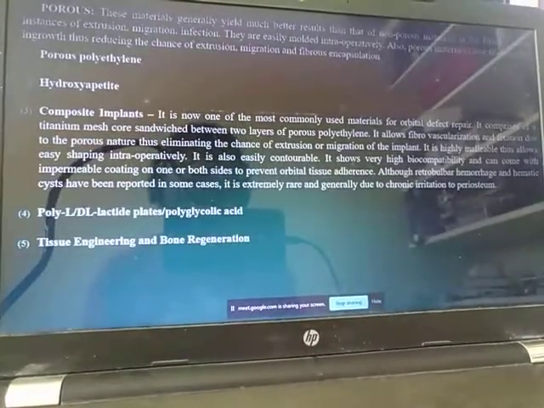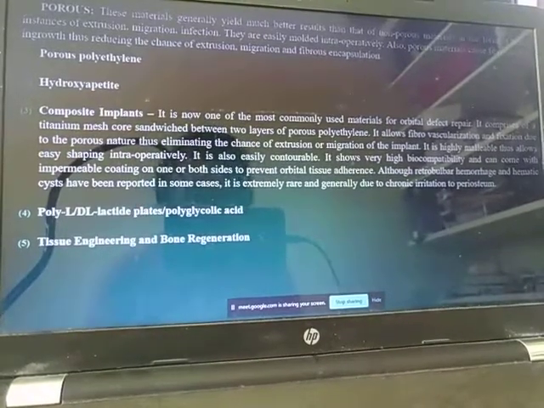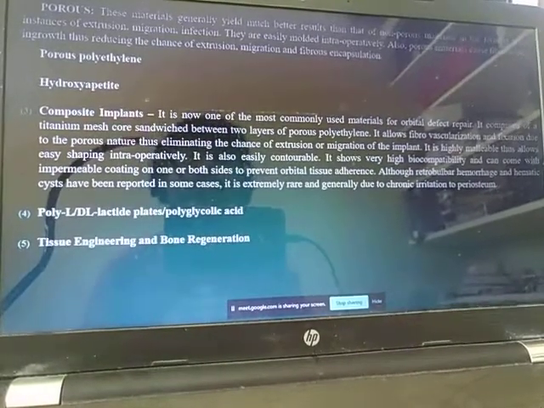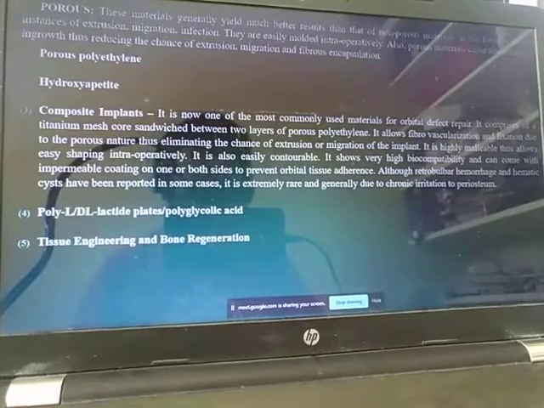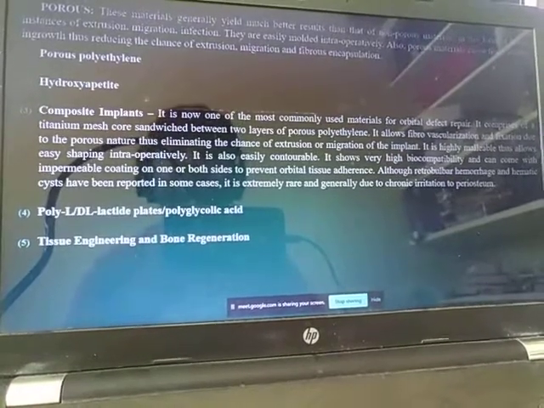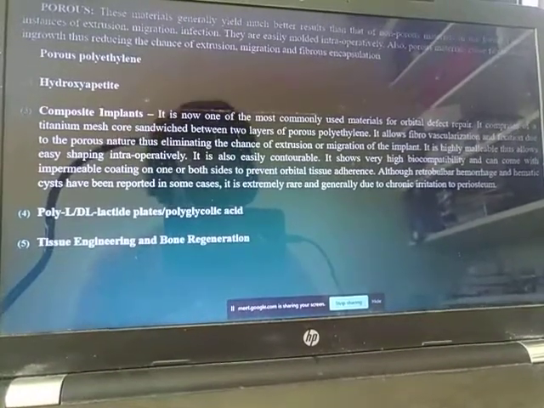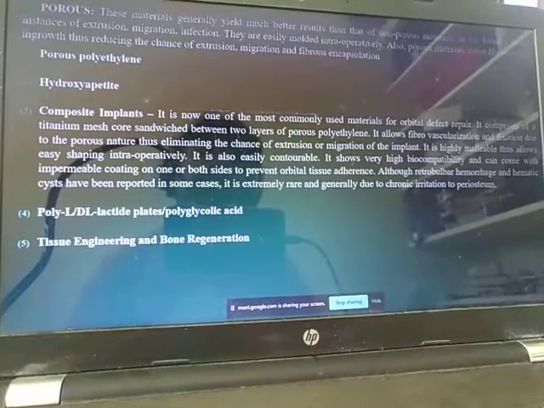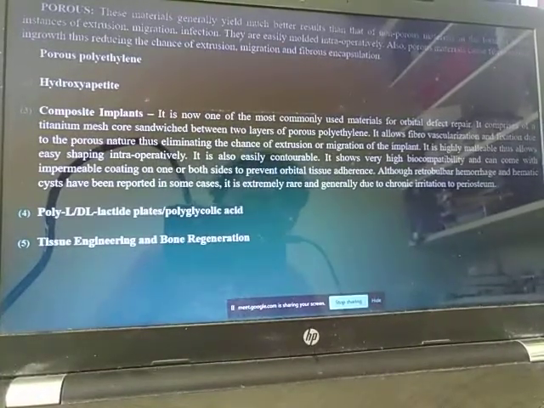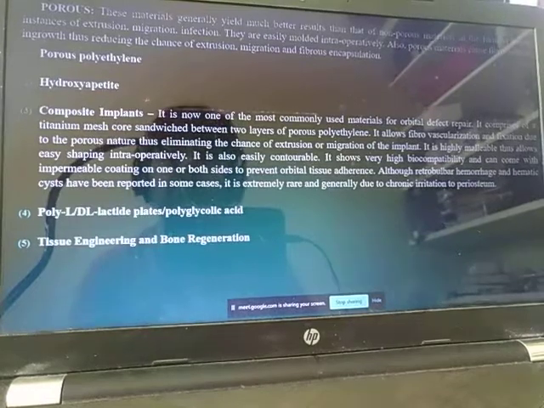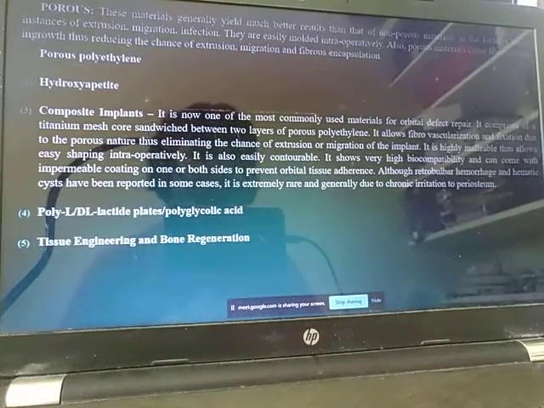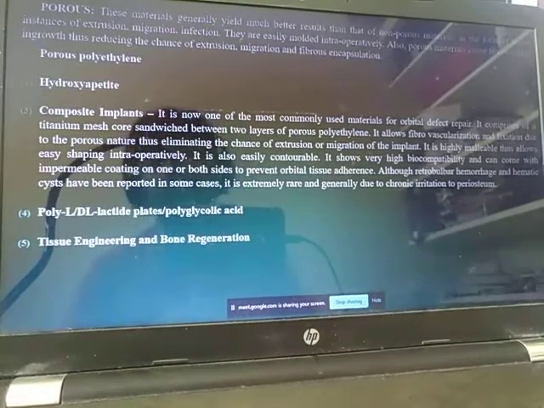Now coming to porous materials, these yield much better results than non-porous materials in the form of lesser instances of extrusion, migration, and infection. They are easily molded intraoperatively. Also, being porous, they allow fibrovascular ingrowth, thus reducing the chance of extrusion, migration, and fibrous encapsulation.